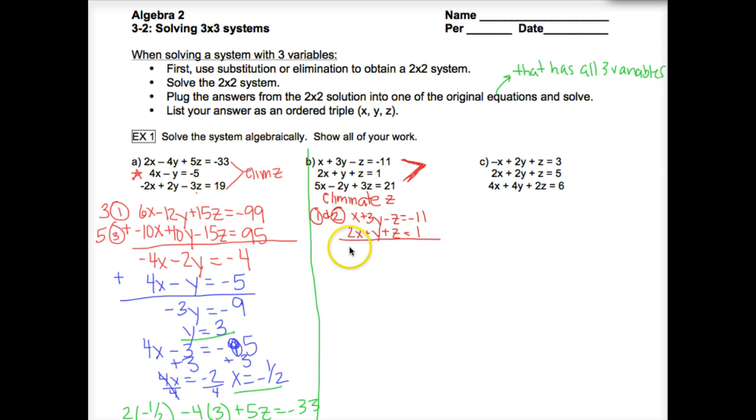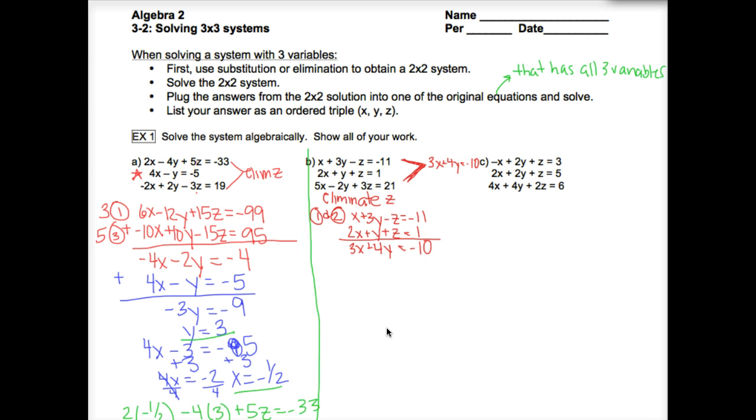So add, and I get 3x plus 4y. The z's go away. Negative 11 plus 1 is negative 10. All right, so this guy right here is like the winner from that lovely first round of the NCAA tournament. So 3x plus 4y equals negative 10.